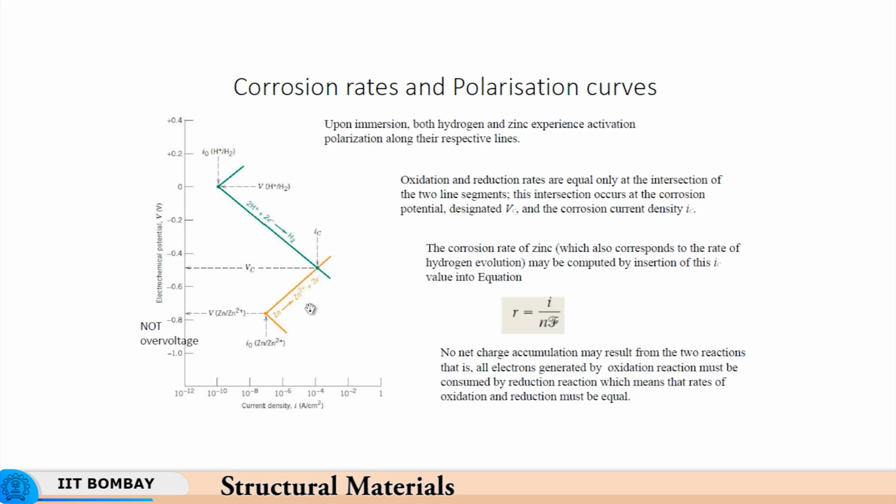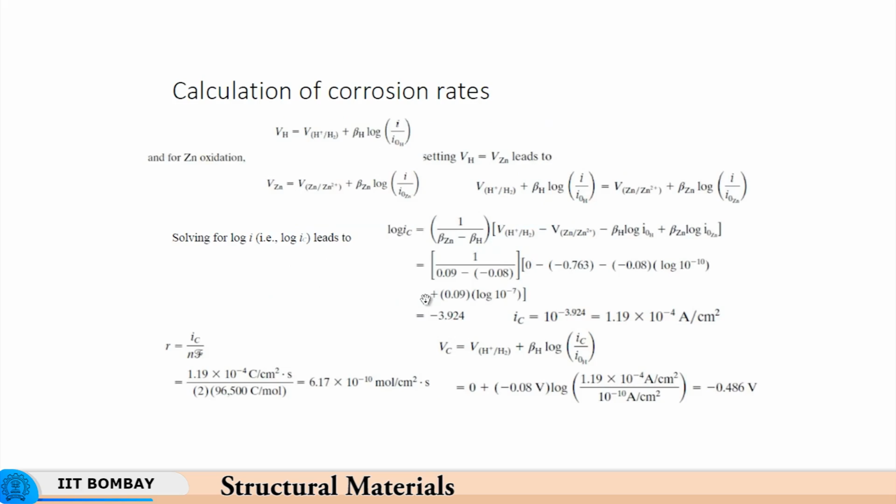So, we need to calculate the value of Ic, and you get the value of Ic using this expression to be minus 3.924, and that is the value of log Ic, and the corresponding value of Ic itself is so much, and the corresponding value of Vc turns out to be minus 0.486 volts, because this equilibrium voltage is 0 because it is hydrogen, and beta H is given as minus 0.08, and then the corresponding values of Ic and I naught are put here, and you get minus 0.486 volts as the Vc.